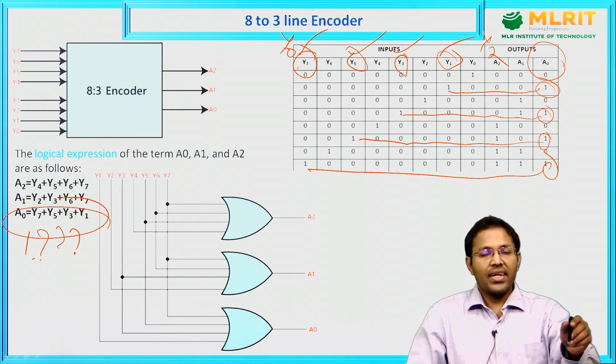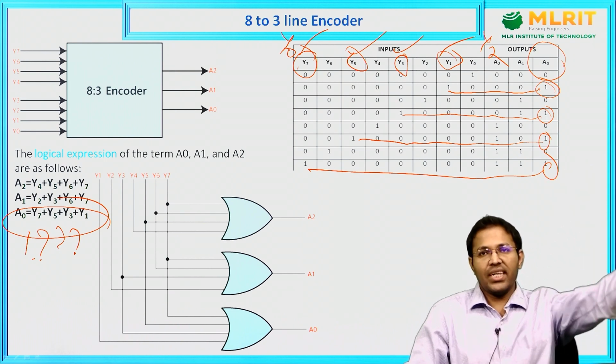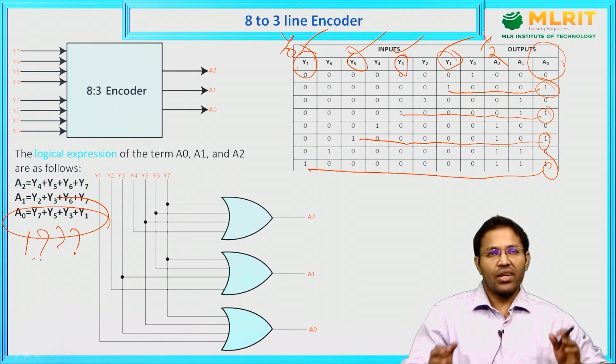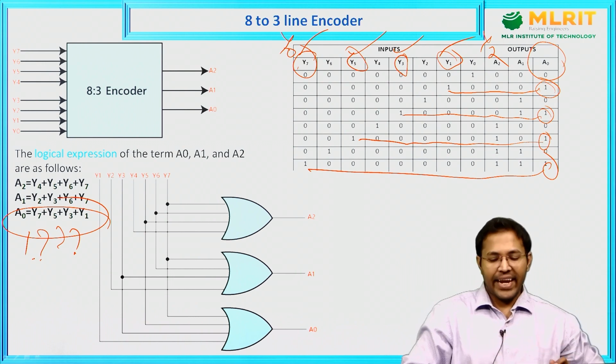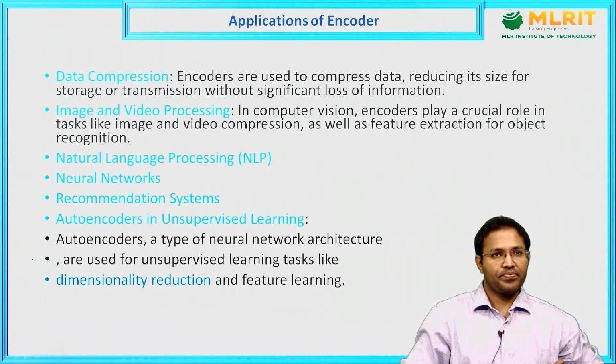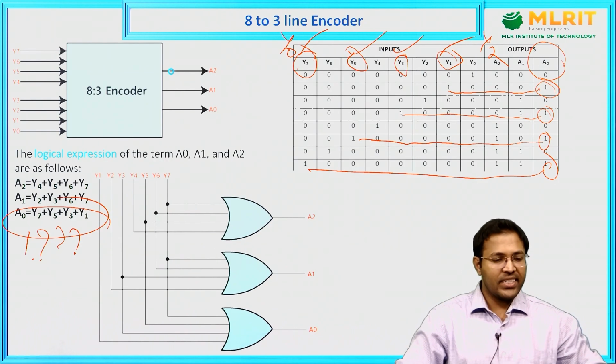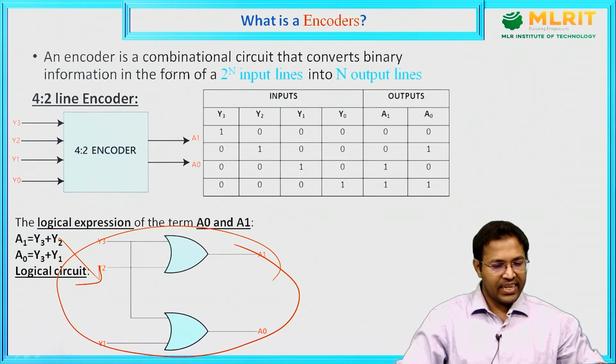So in this manner, the same logic that we have considered for a 4 to 2 encoder, we can also use for an 8 to 3 encoder. Now let us look at the applications. Primarily it is useful for compressing data.